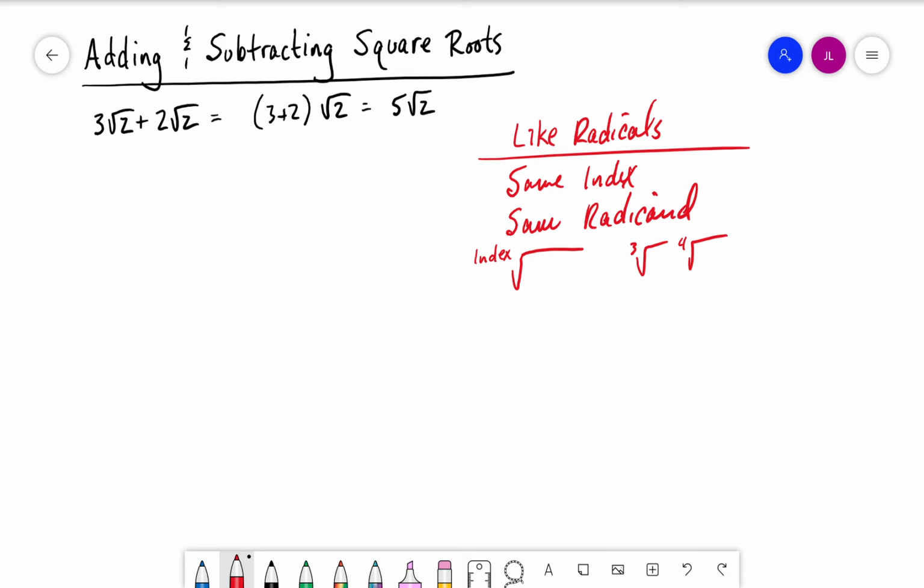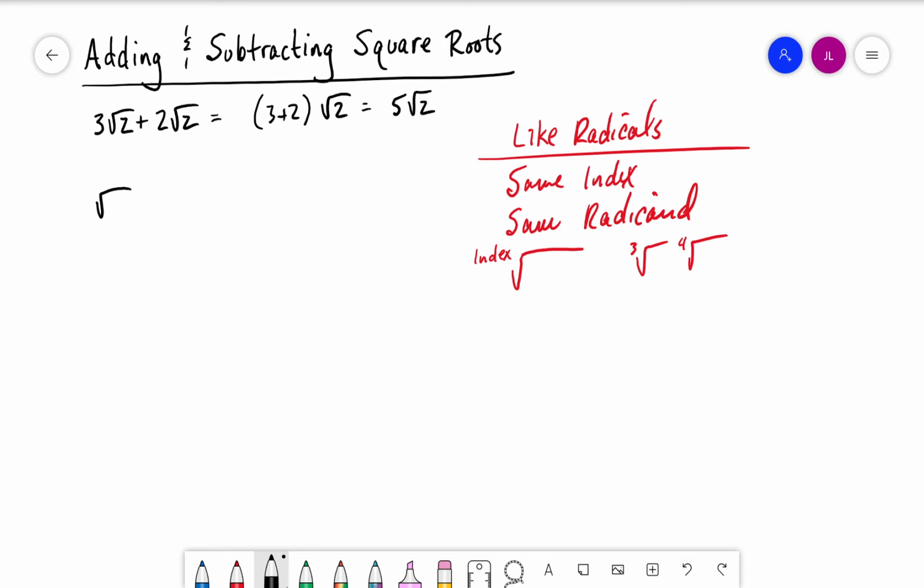So in a way, we can think of adding and subtracting radicals a little bit like adding or subtracting fractions, where in fractions we have to have the same denominator. In radicals, we have to have the same radicand and the same index. So they're very similar in that sense. Okay, so if we want to combine like radical terms, let's look at one more example.